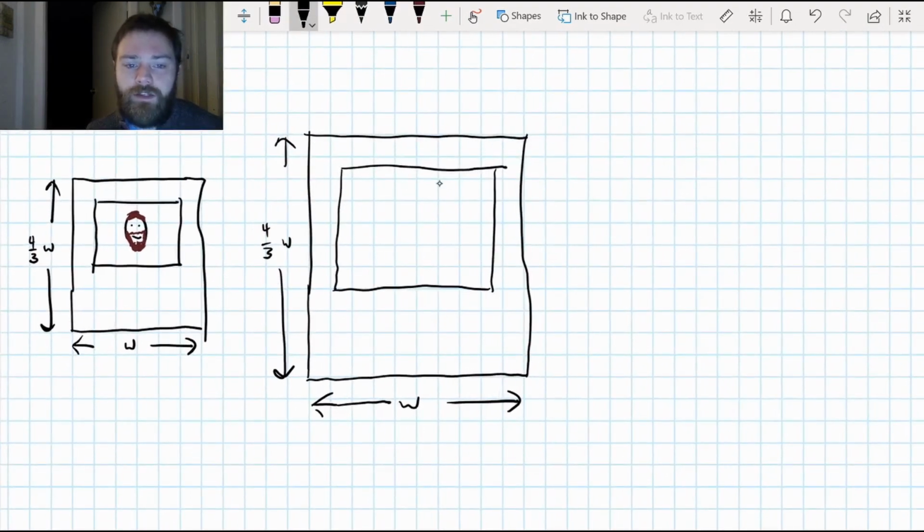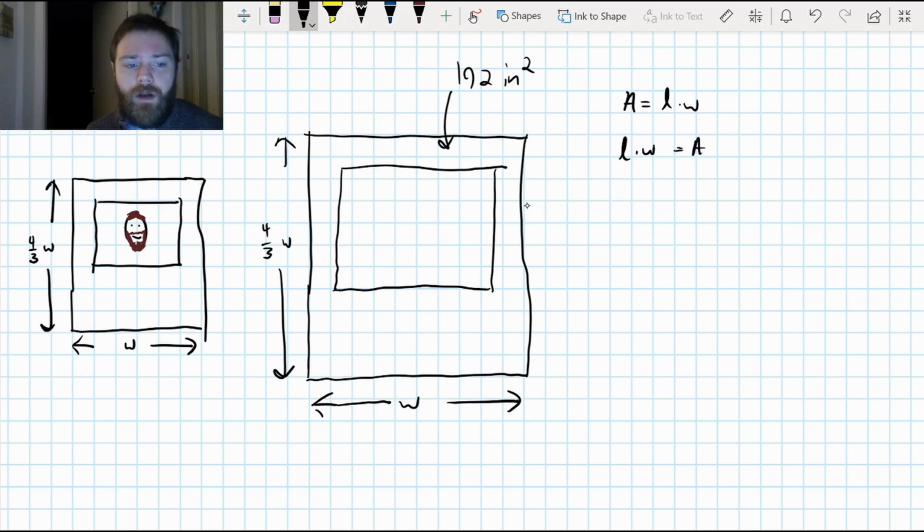And they're telling us that the area of the new picture is 192 inches squared. So the entire area is 192 inches squared, and all we have to do is solve this out. Area is equal to length times width, so I can reverse that.